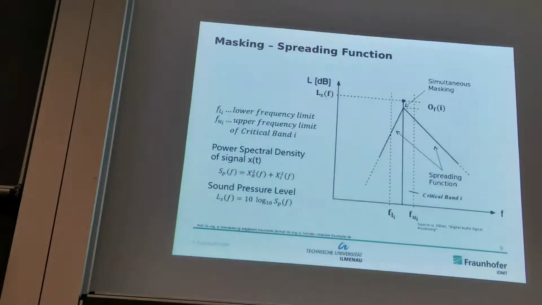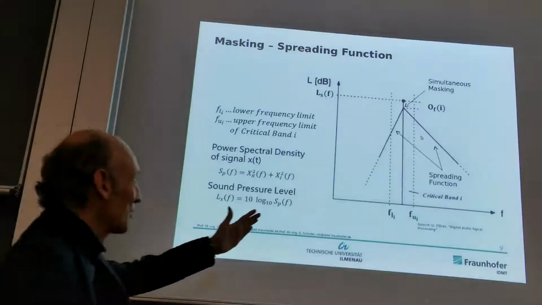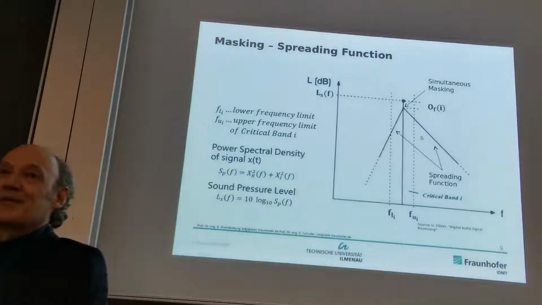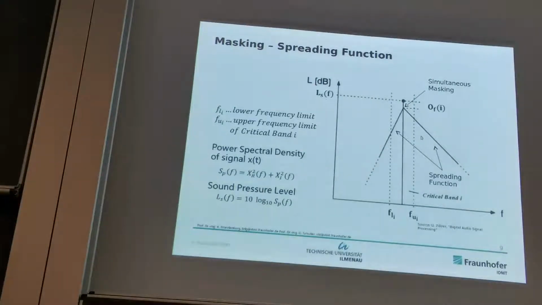Because in this Bark scale, the spreading function has these nice straight slopes. So you can say you have so and so many dBs per Bark. So again, it's simple to model. That's why you go to the Bark scale here.